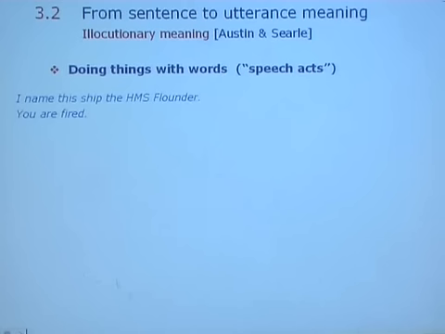Yes. Provided I'm the right person, I'm authorized to do this, and also provided I do it in the proper way. So this is what you will later meet again as felicity conditions. Okay? Because here we are entering the dimension of speech acts.